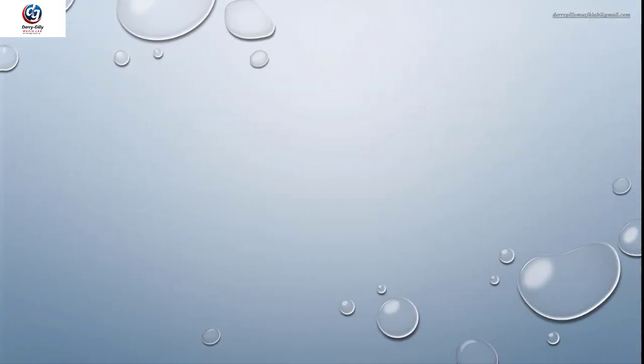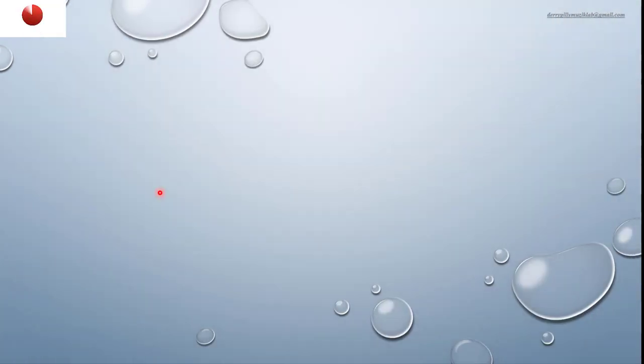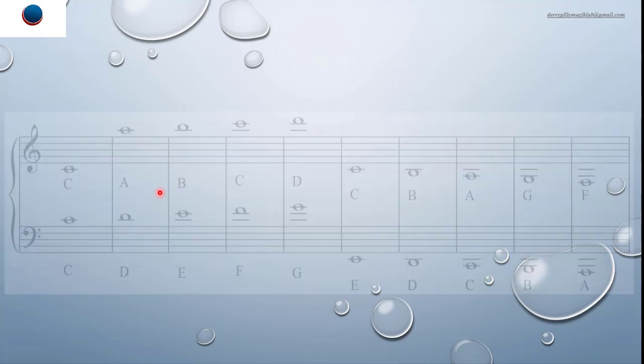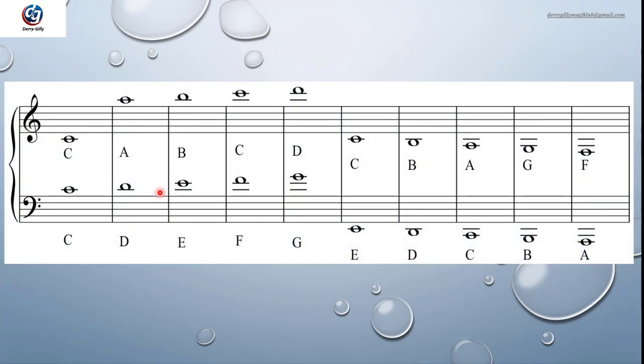So let's look at some of the ledger lines we have. You can have C as a ledger line, which is just below the treble clef, and this one is just above the treble clef.